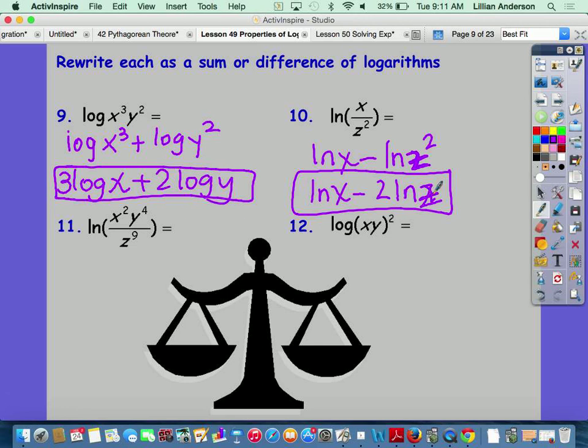What about here for number 11? I got a whole bunch of things going on here. Yeah, it's 5. Is x the 5? That's the only difference? Yeah. Okay, 5 ln x, so you're trying to go straight to it, huh? Plus 4 ln y.